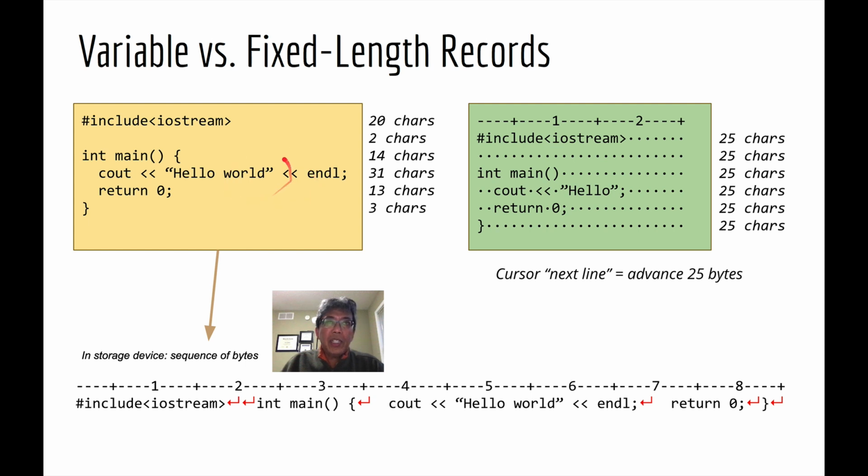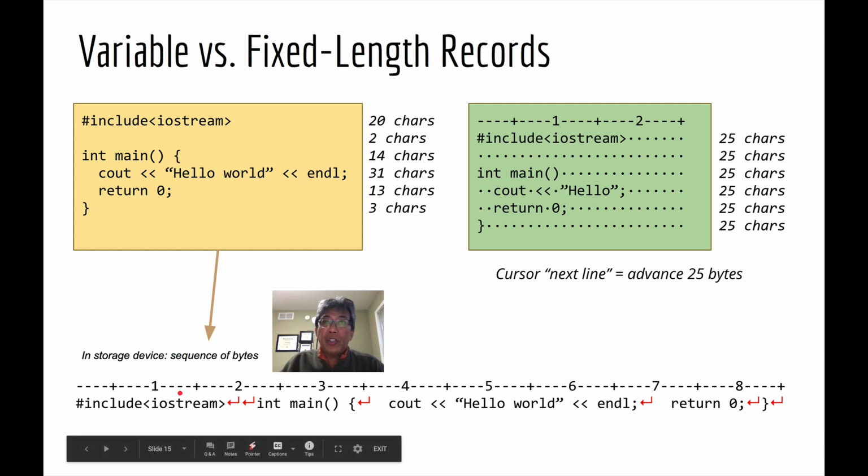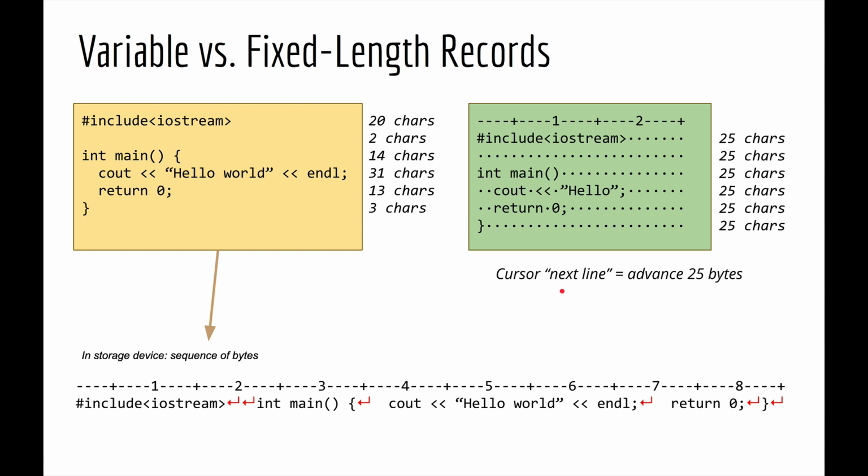Recall that actually the C code is internally stored as a linear sequence of bytes, like what you see here, and the red characters are new line characters that separate one line from the next. The benefit of fixed length records is that it is easy to jump to any line.